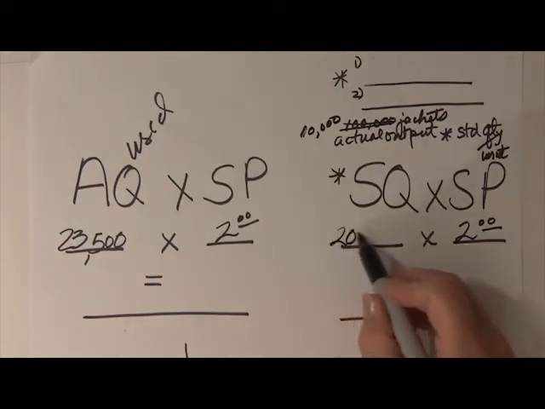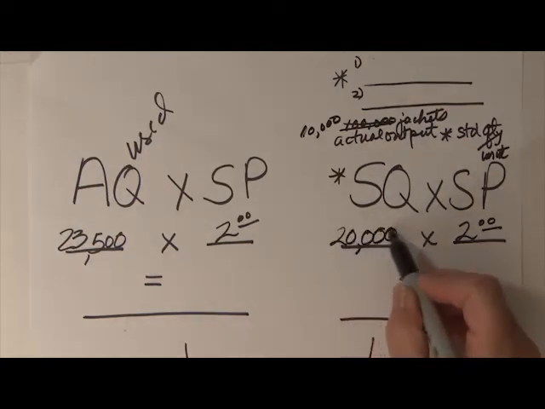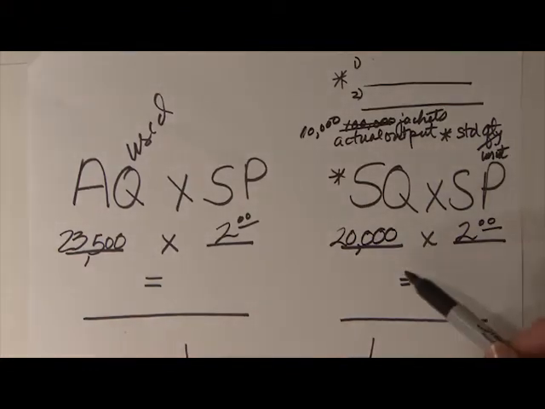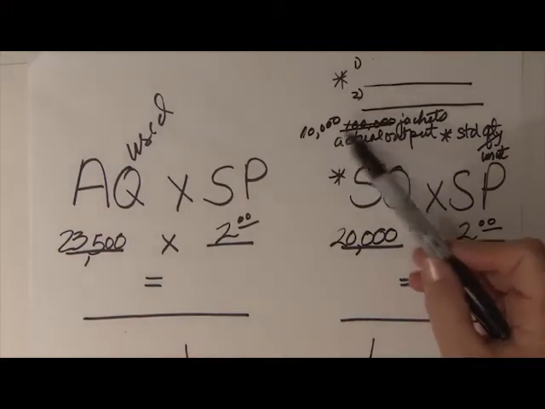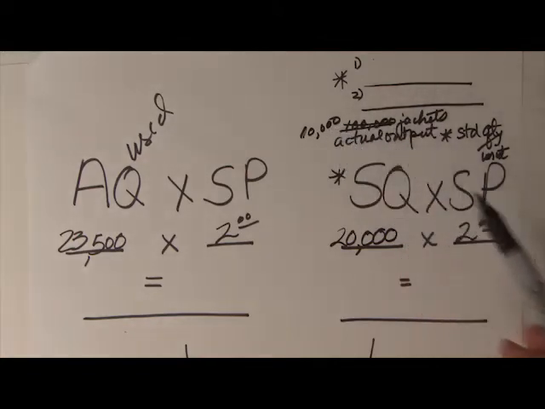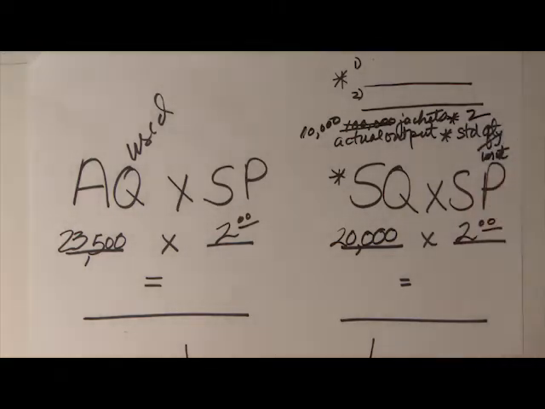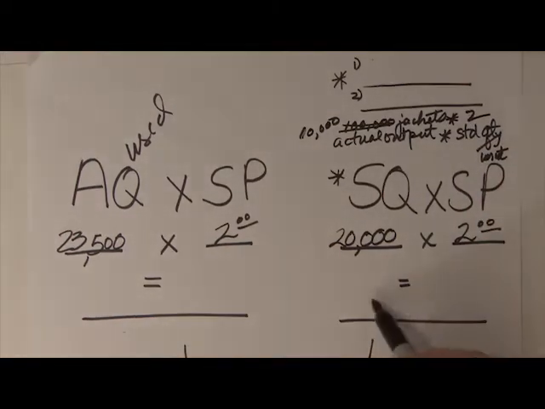So our standard quantity, which is the amount of yardage we should have used, would be 20,000. So again, my error there, this should be 10,000 jackets times the standard quantity of 2 yards of material per jacket. So we get 20,000 yards we should have used.